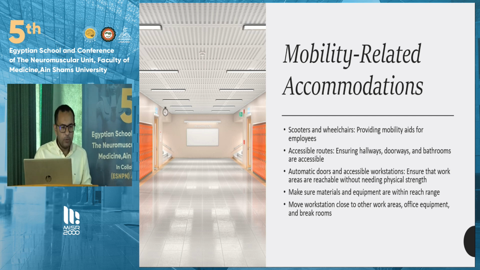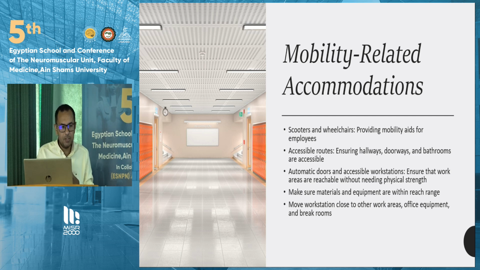So offering wheelchairs, scooters, accessible routes inside and outside. For example, in this particular room, if I'm in a wheelchair, I cannot reach the podium. There are some obstacles in the way. Automatic doors, this is a luxury, I know, but sometimes it's important to have automatic doors, accessible workstations, and making sure that materials and equipment are within the reach of the employee.